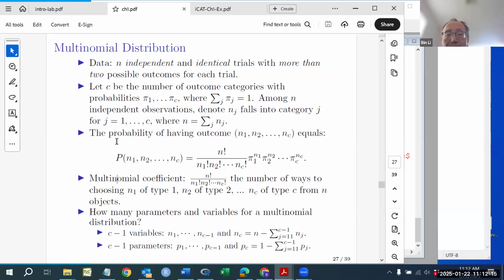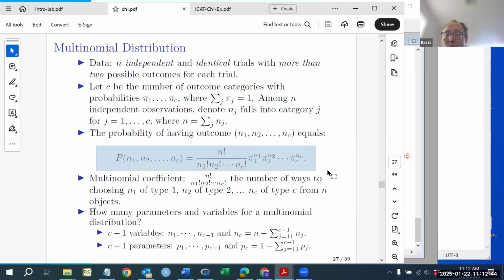So the probability of having the outcome n1 through nc equals n factorial divided by n1 factorial, n2 factorial, up to nc factorial, times pi 1 to the power of n1 times pi 2 to the power of n2, up to pi c to the nc.